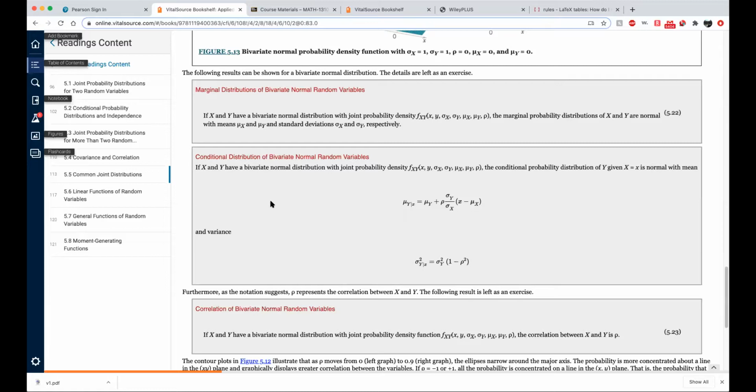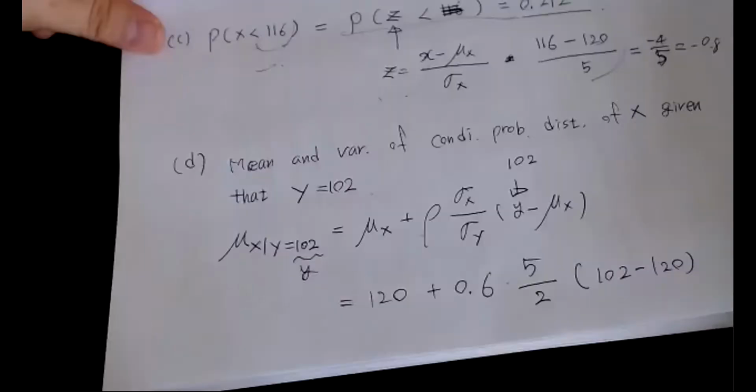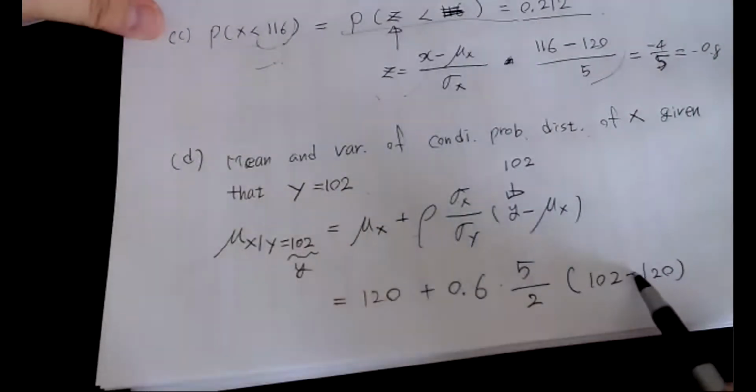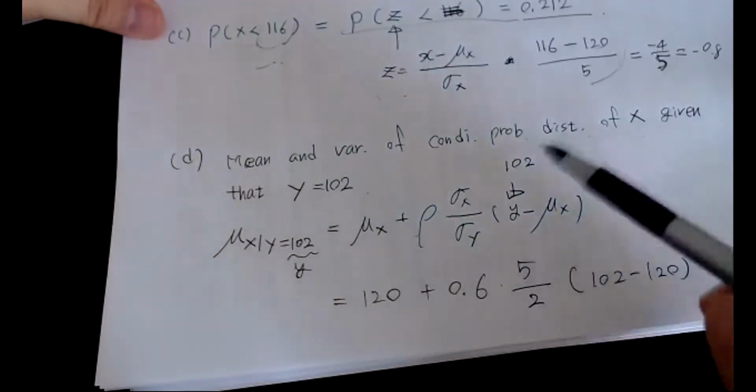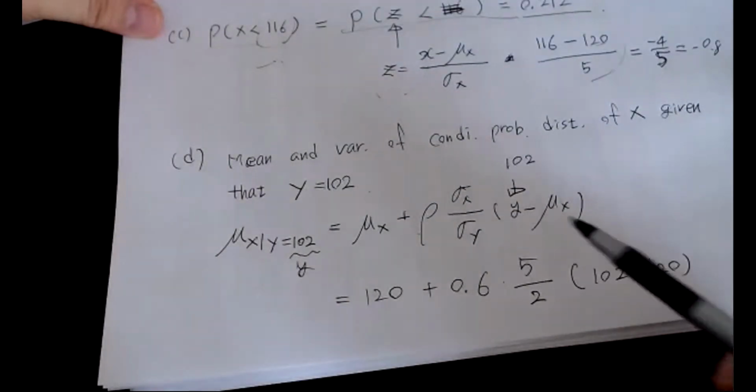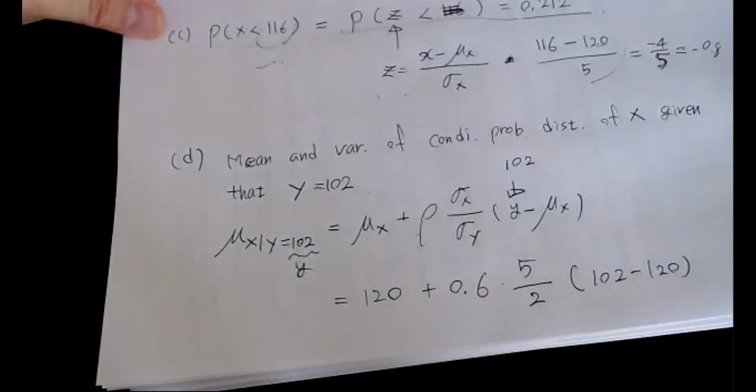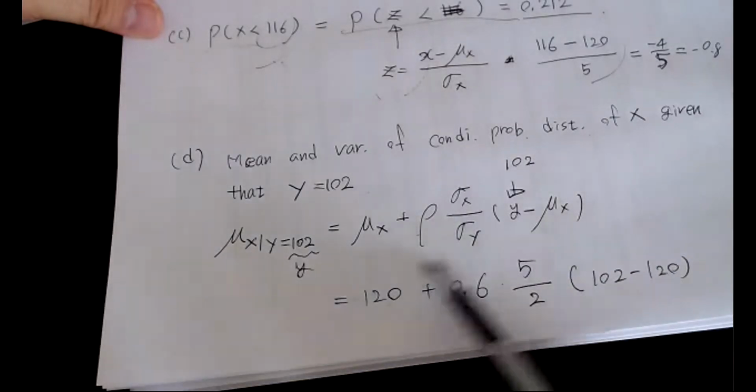Mu X is 120, and the problem says the correlation is 0.6, times sigma X of 5 over sigma Y of 2, and 102 minus mu Y. So I just switch X and Y in the formula, plug in 102 for lowercase y, and plug in sigma X, sigma Y, and rho, the numbers given in the problem. So we got this.